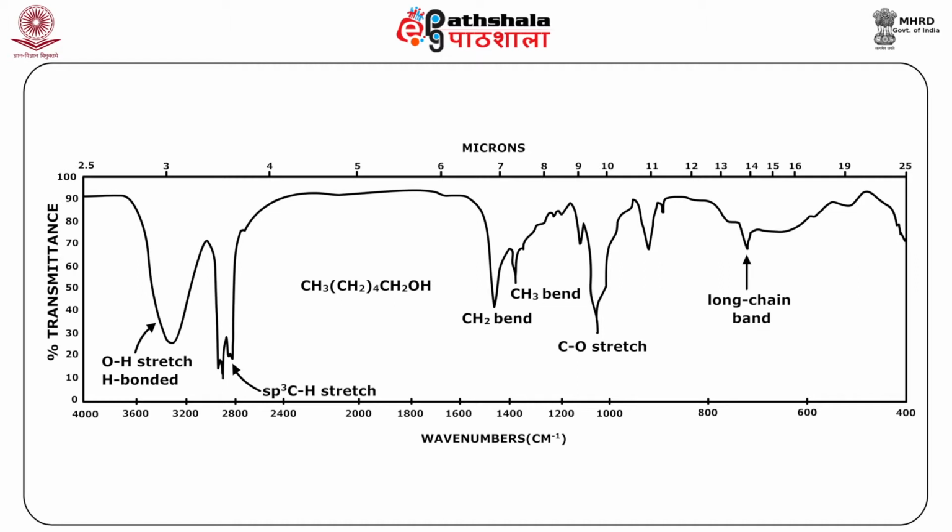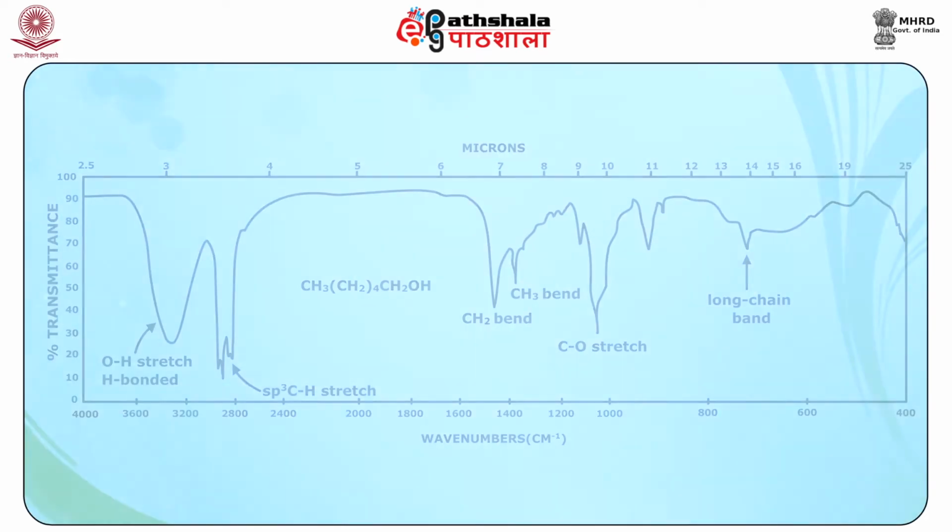The presence of N-H or moisture causes similar results. Now, for alcohol specifically, the broad O-H stretching band is centered around 3600 centimeter inverse, while for phenols this band appears 50 to 100 centimeter inverse lower than that of alcohols.